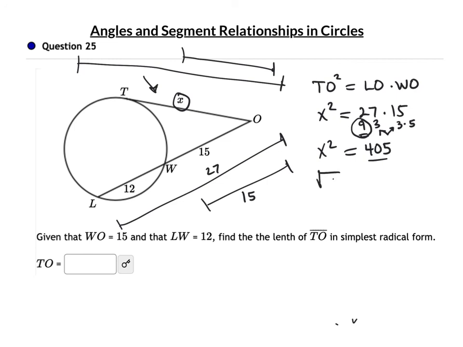When I take the square root of both sides, I know 81 divides into 405, so I'll divide 405 by 81, and I get 5. The square root of 81 is 9. 9 root 5 is the answer in simplest radical form.